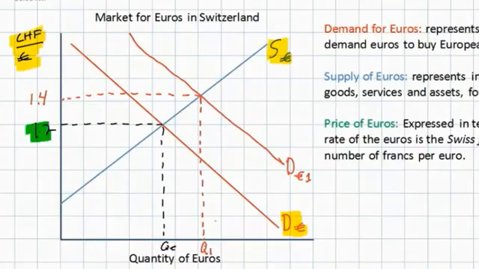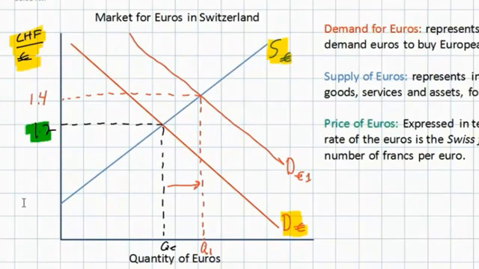This is because when the euro is worth more francs, 1.4 francs instead of 1.2 francs, European households would find Swiss goods and services and assets more attractive. Therefore, there would be an inflow of European currency, the euro, into Switzerland, allowing Swiss households to acquire the greater quantity of euros that they demand due to their higher incomes.